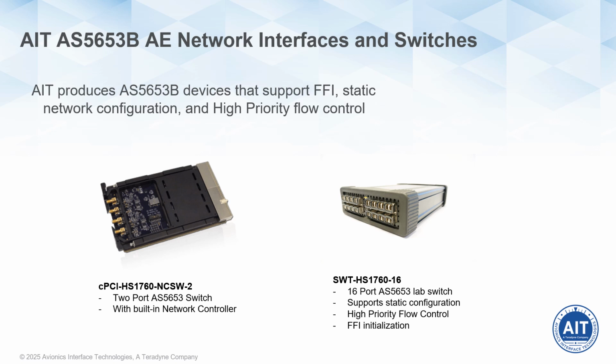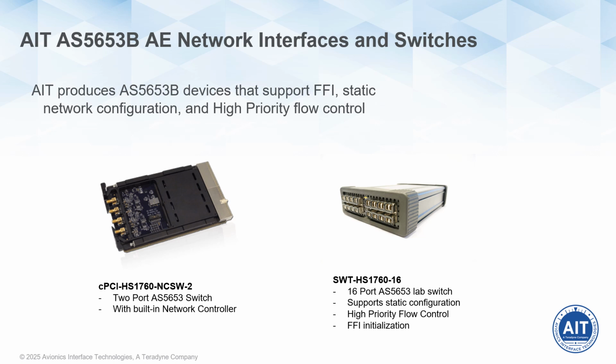The next major difference is that the switches need to support FFI, the Fast Fabric Initialization protocol for establishing the principal switch and transferring the domain topology map. And then the final major difference is that AS5653 Rev B defines a high priority mechanism, and it's important to find devices that understand those modified protocols so that they don't impede high priority traffic.